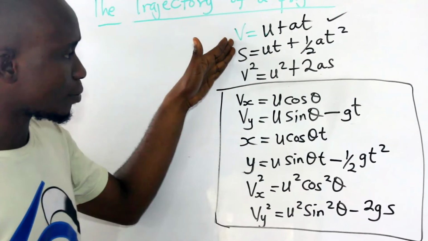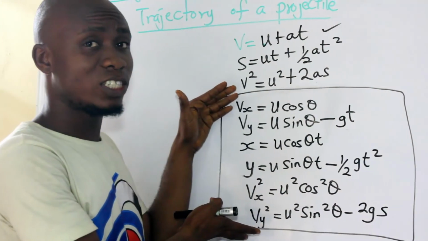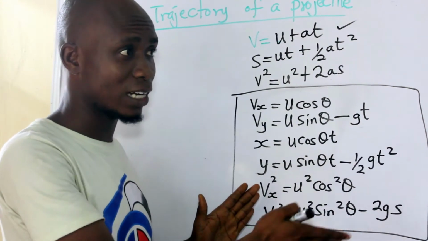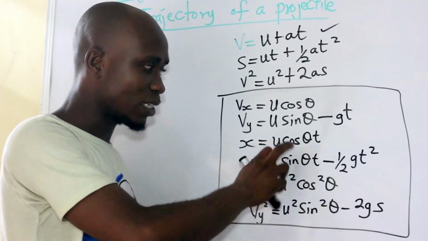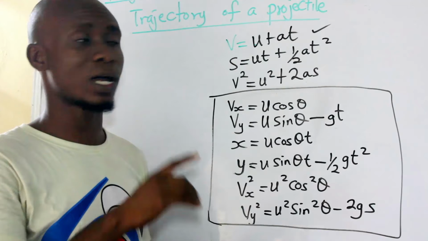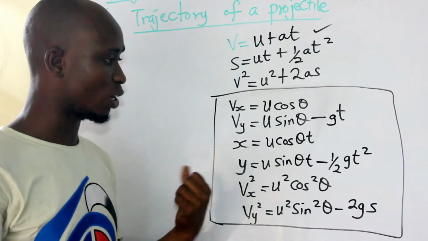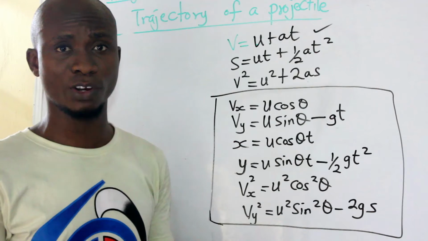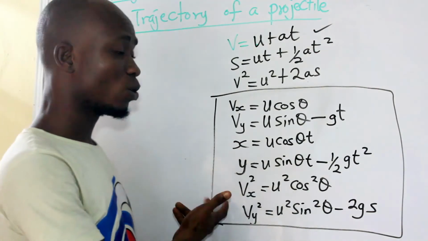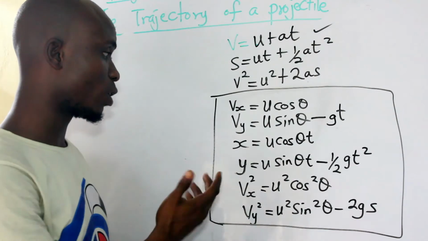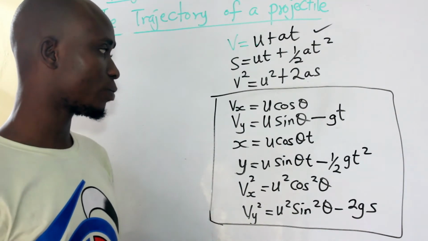As you can see, the difference is that we analyze this motion vertically and horizontally, and then we included theta because it's motion at an angle. So this is our toolkit, the equations we need for the solution of every projectile problem. In my next video, I'm going to solve some questions on projectiles using some of these equations.